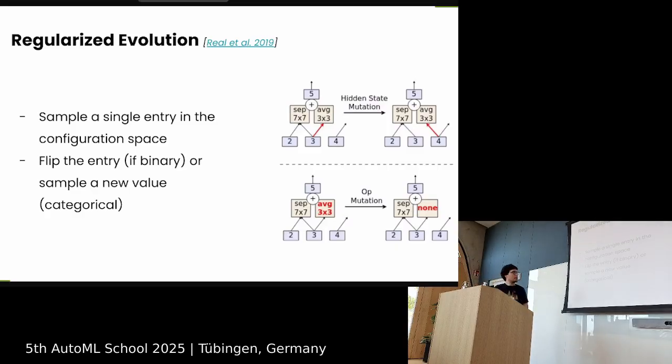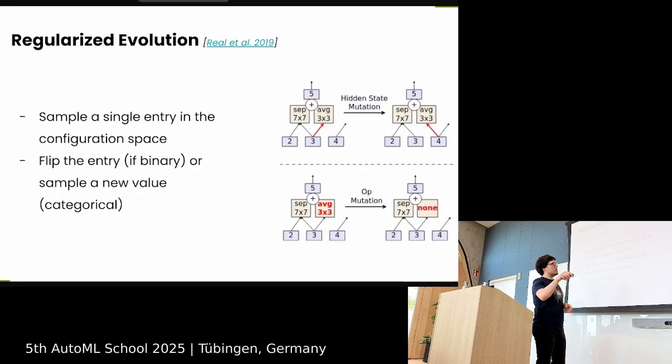Because, for example, here you add a new edge and then you change the input to your features. That one might even work, you could just add this to your graph. But if you change the operation here, how do you initialize those weights?